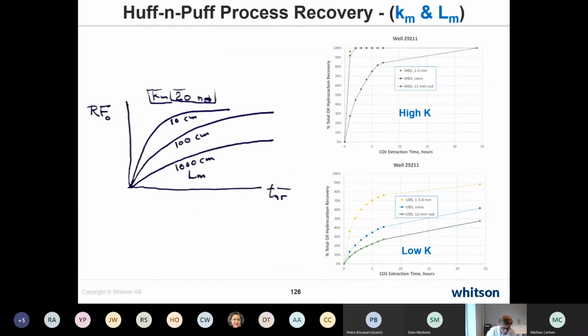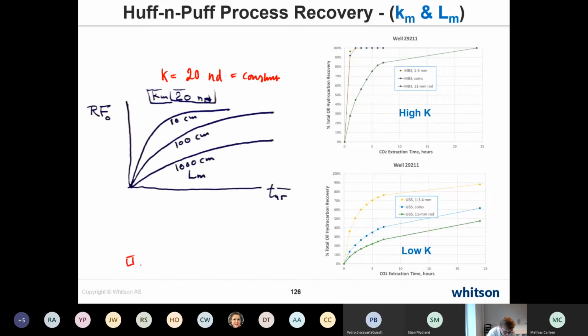More relevant, permeability is kind of given as is, but the rubble sizes and the complexity and the surface area that's created is a function of completion, which is something we can at least engineer. So the assumption here is that the permeability is constant in all the different lines, but the difference is the minimum dimension of these different pieces of rock.